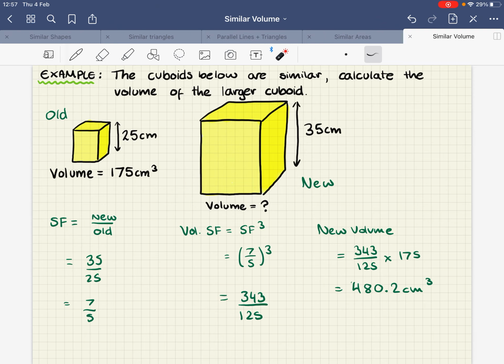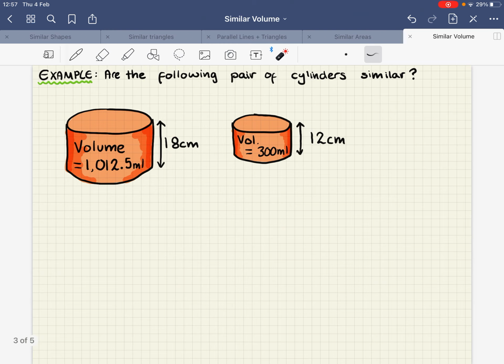All right, so next type of question. Are the following pairs of cylinders similar? So I've got 2 cylinders here. In a similar way as before, I'm going to call one of them my new one, and I'm just going to go for my larger one here and call the other one old. And I'm just going to ignore the volume on the new cylinder.